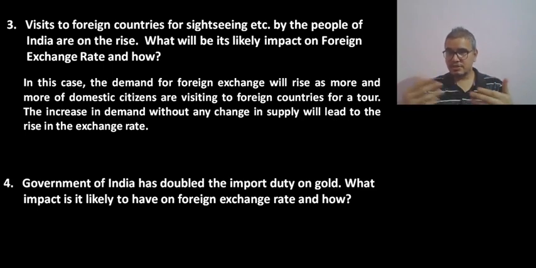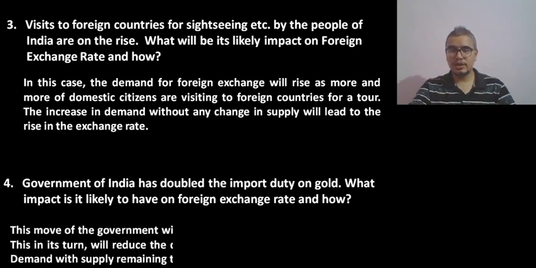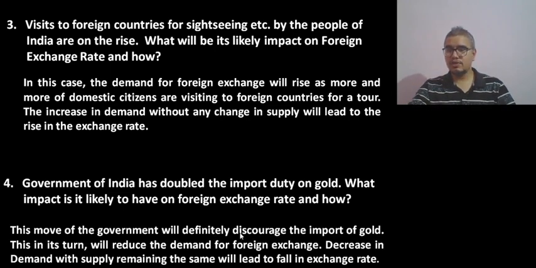When there is excess supply, then obviously price is going to reduce. Price here means foreign exchange rate, so the foreign exchange rate is going to fall.